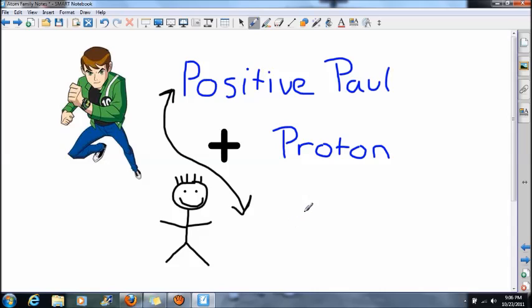Positive Paul, the proton, we're going to put the plus sign. And whenever we draw protons, we put the plus sign. You want to go ahead and circle it like that. So that represents a proton. The plus sign with a circle around it. There's a proton. So add that to your notes.